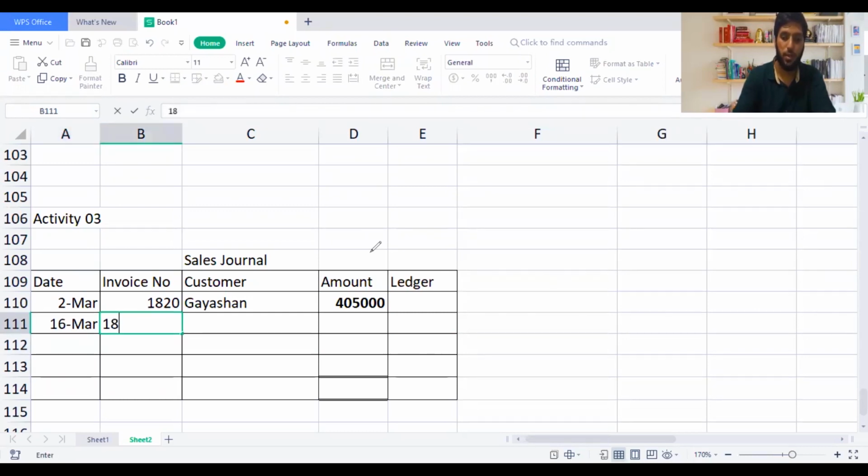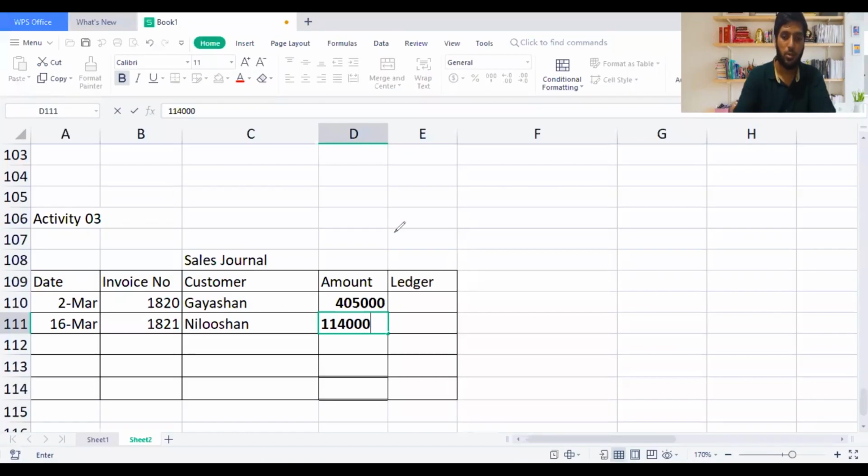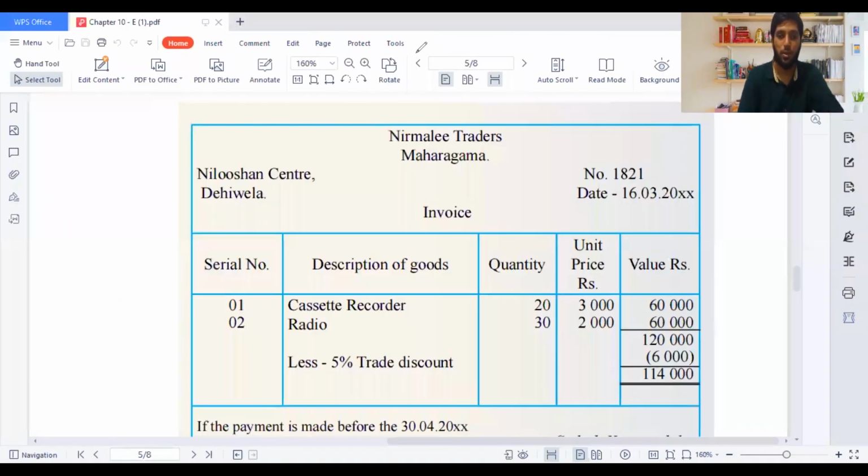We are having 1821 as the invoice number. So Nilution. What is the value they have sold? 114,000 if I'm not mistaken, right? 114,000. So 1821 is completely correct. Now it's done. We are moving on to the third one. So Nilution Center is also done, we have recorded it.